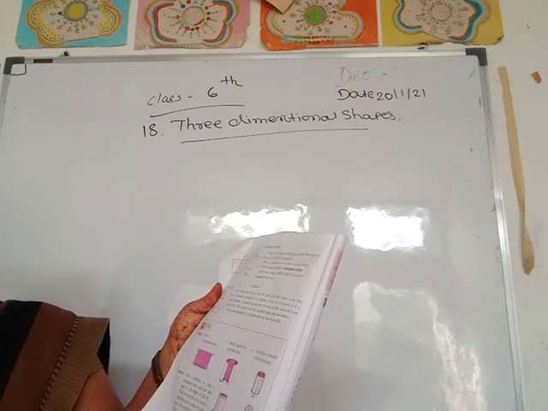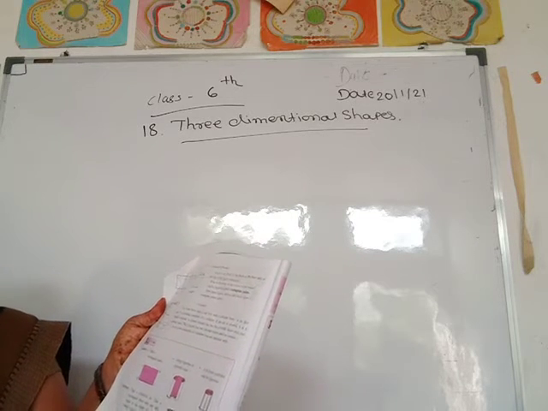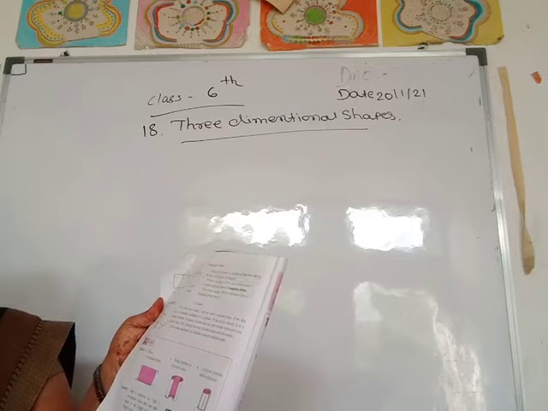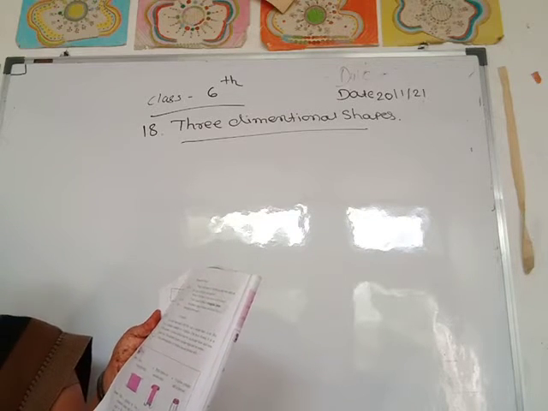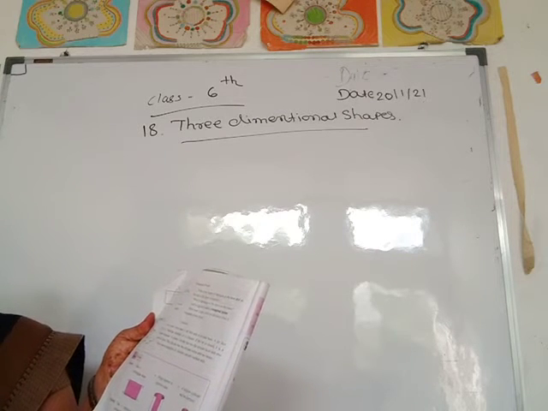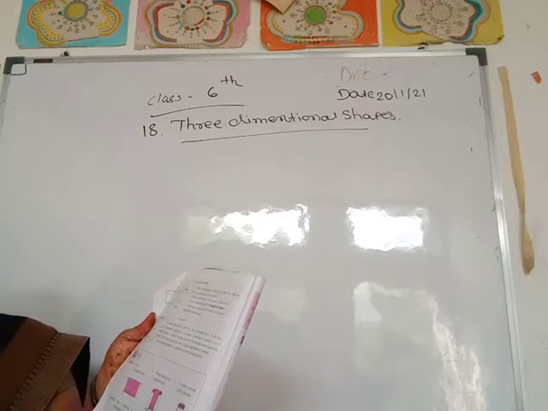The cylinder has two circular edges and no vertex. So a cylinder has no vertex, two flat circular faces and two circular edges.